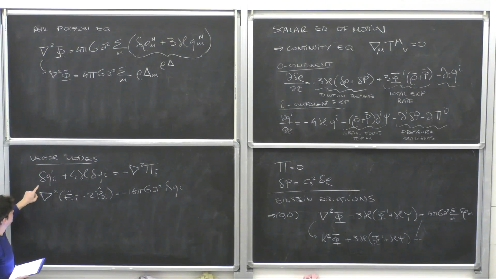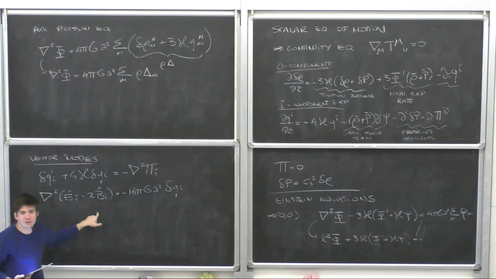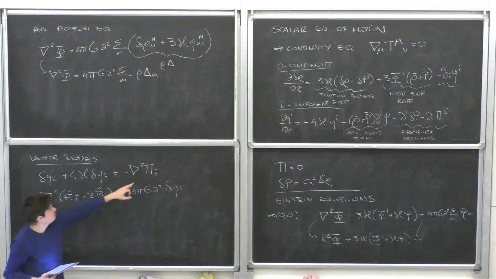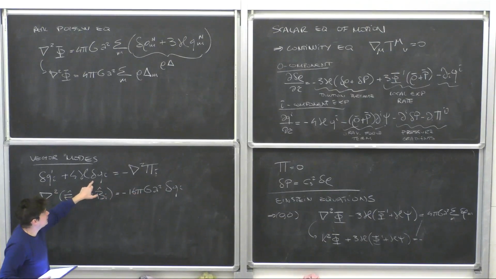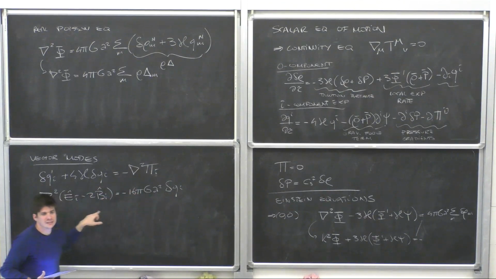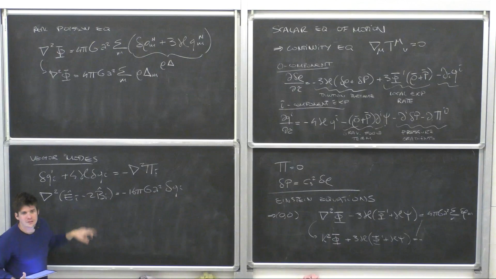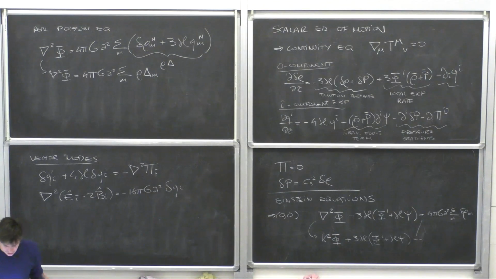And these are the source for vector metric fluctuations, which means if this is 0, this decays, this doesn't exist. So that's basically the argument for why we typically ignore vector modes.